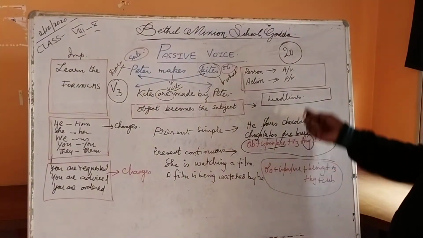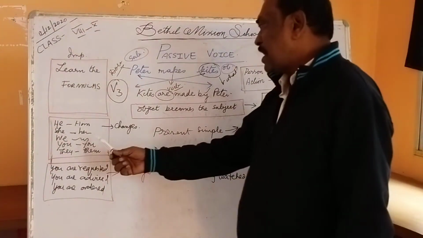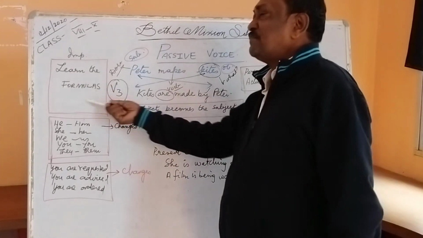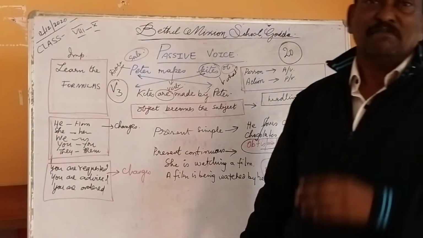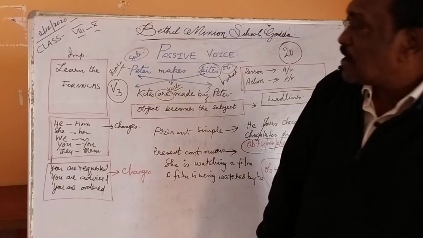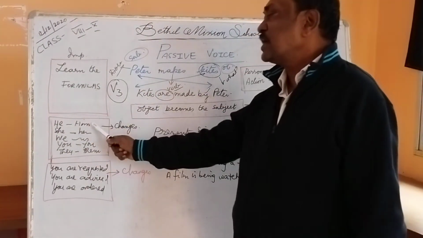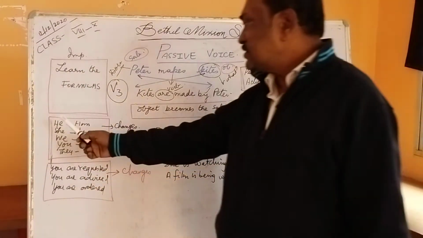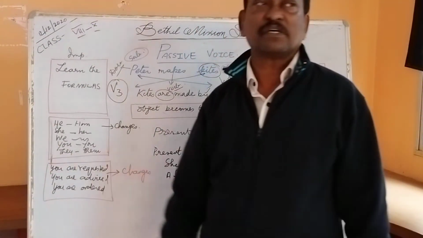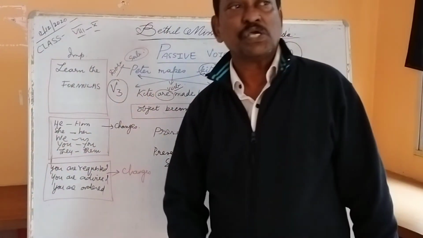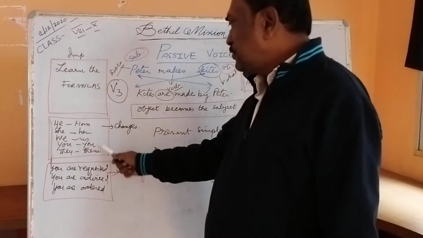Right. Now, coming to this part. First, you must be thorough or familiar with all the formulas. We will be discussing the formulas one by one. And then look at this. He changes into him. She changes into her. We changes into us. You changes into you.